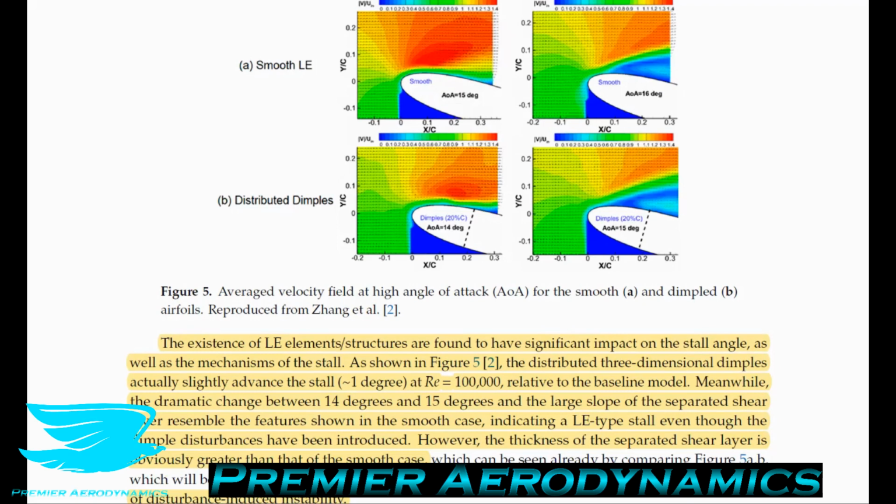The distributed three-dimensional dimples actually slightly advance the stall relative to the baseline model. Meanwhile, the dramatic change between 14 degrees and 15 degrees and the large slope of the separated shear layer resemble the features shown in the smooth case, indicating the leading edge type stall, even though the dimple disturbances have been introduced.